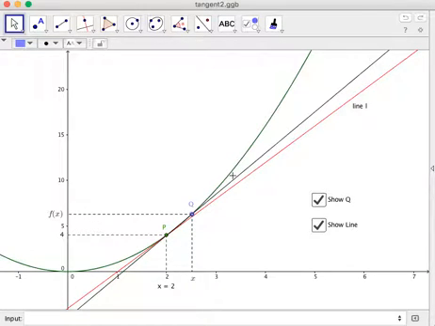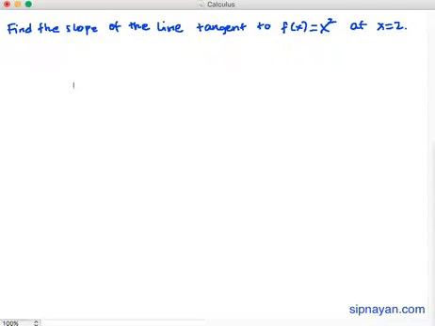So, ang gagawin natin ngayon is to solve a specific problem using a specific function. So, here, find the slope of the line tangent to f of x equals x squared at x equals 2. So, ito given na yung function at given na rin yung point.